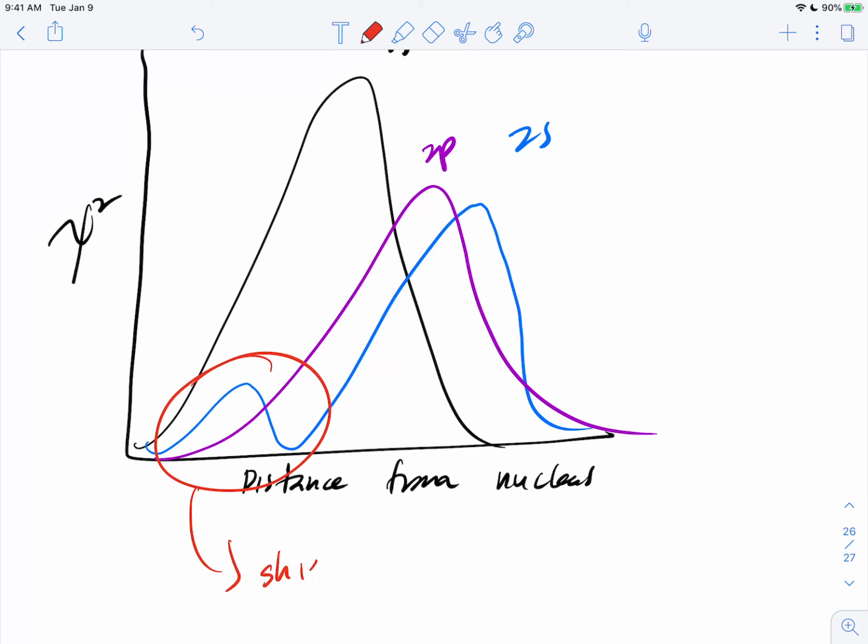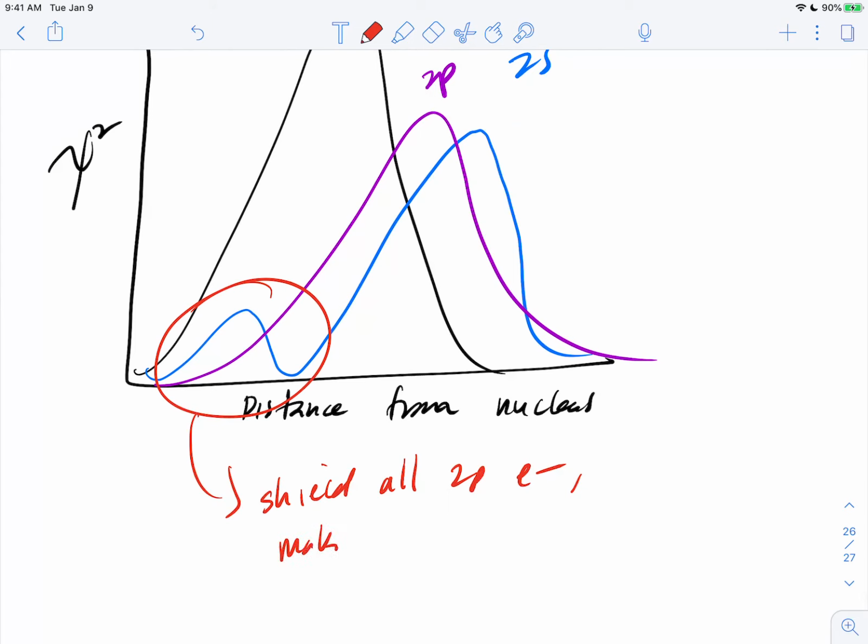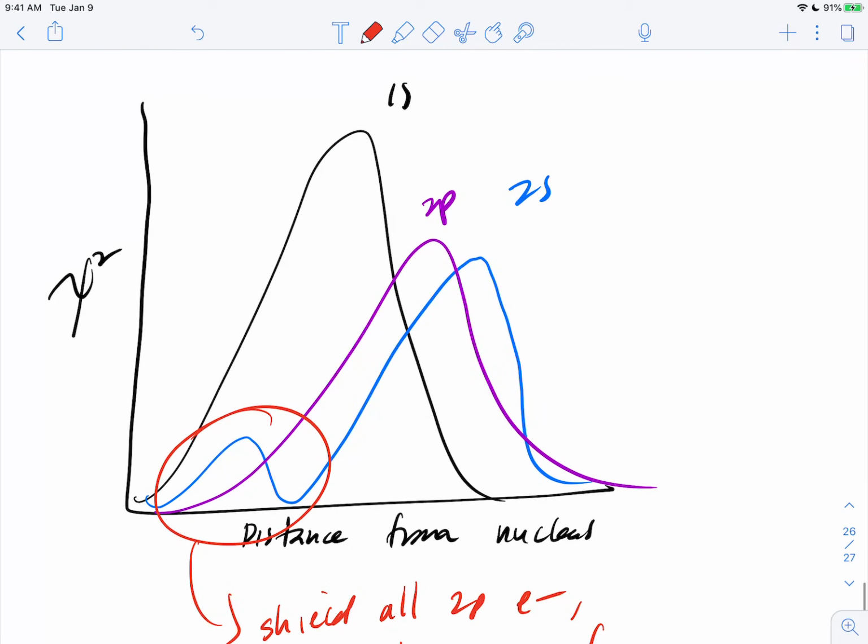This little hump will shield pretty much all 2p electrons, making the energy of 2p electrons higher than the 2s electrons. So this is actually really useful.